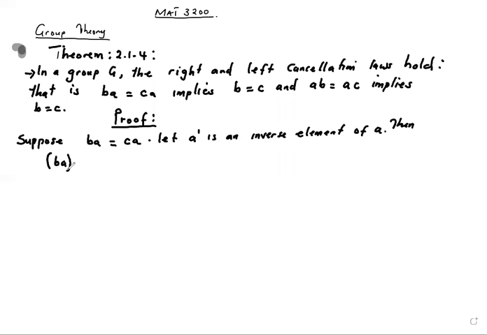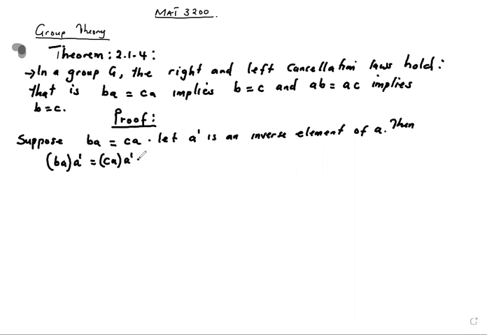We'll say BA multiplied by A prime should be the same as CA multiplied by A prime. That is now right multiplication. Since multiplication is associative in such groups, remember in the group properties, multiplication there is associative. That is for G to be a group.